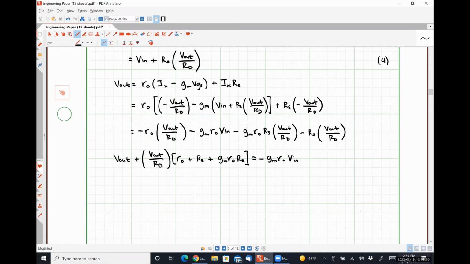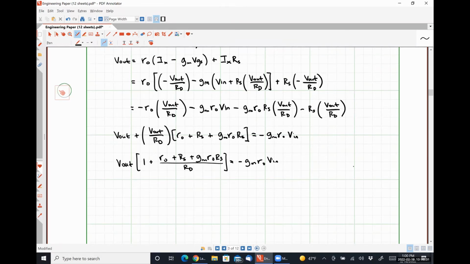So I'm now going to factor out V out from my left-hand side. And so that's going to look like V out times 1 plus R naught plus RS plus GM R naught RS, and all of this will be divided by the factor of RD. That will equal my right-hand side, negative GM R naught Vn.